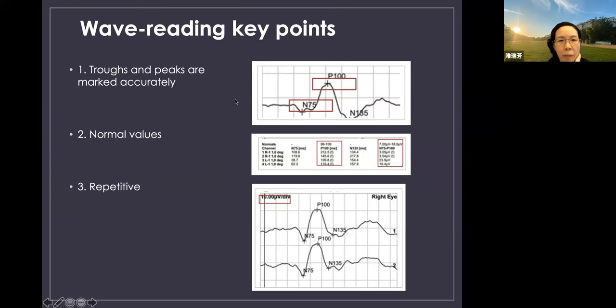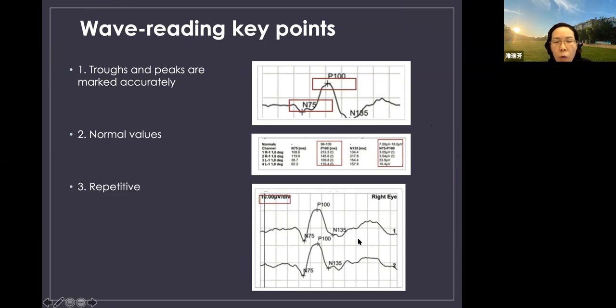We record the peak times and put the cursor in the right place. Also, each visual electrophysiology lab needs to have its own normal values, and we can see if the results fall within the normal values.